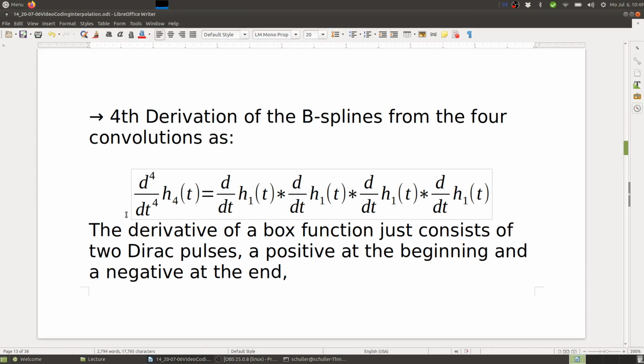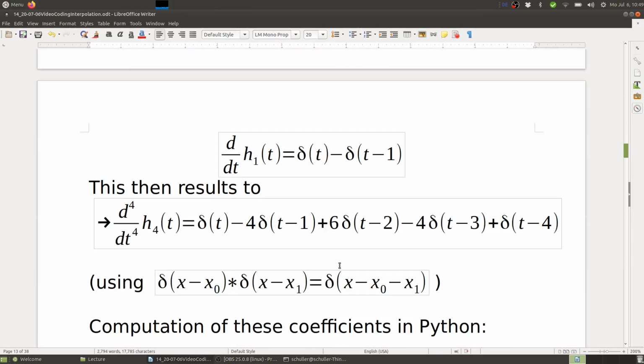If we apply this derivative rule 4 times, then each box function gets its own derivative, as you can see here. The derivative of a box function is really simple because it's mostly 0 except for the edges. At the beginning you have a positive Dirac because it's a rising slope. At the end you have a negative Dirac because it's a falling slope. So this is what we get.